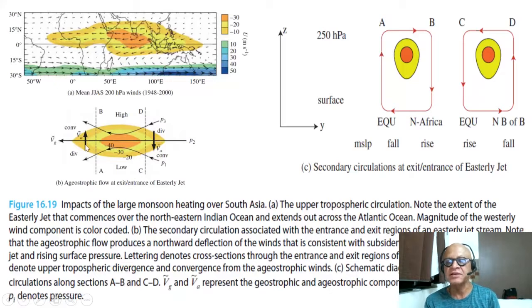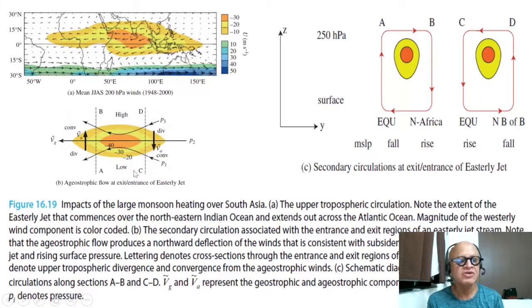so that is still there. But you're going to get subsidence on this side, which is going to explain the near equatorial distribution of the rainfall in the West African Guinea and Sahel regions. Okay.